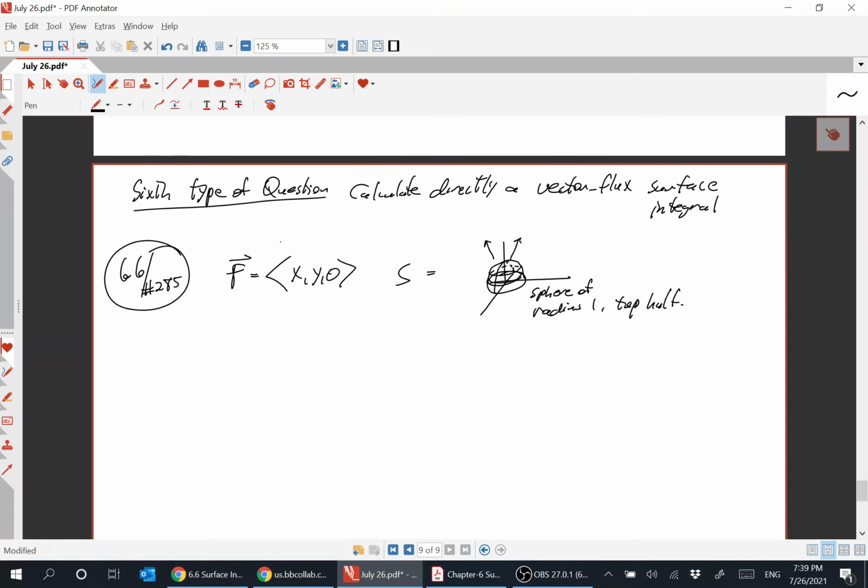Okay, so again, you need to pick a parameterization. Because we have the surface given by z equals f of x, y, we can pick a standard parameterization. So x is x, y is y, and z is this.